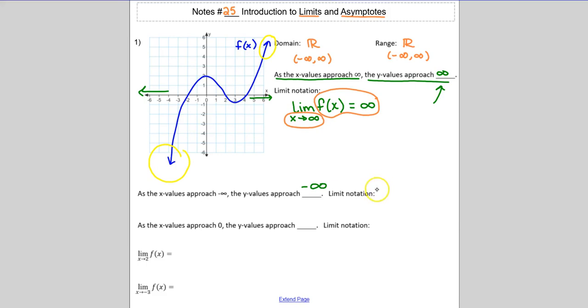And so the limit notation would be the limit of f of x as x approaches negative infinity is negative infinity. This tells you what the y values are doing. This tells you what the x values are doing.